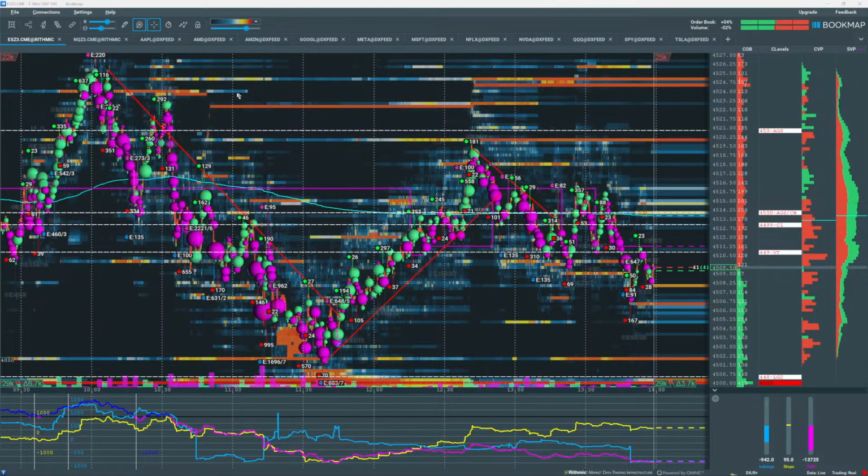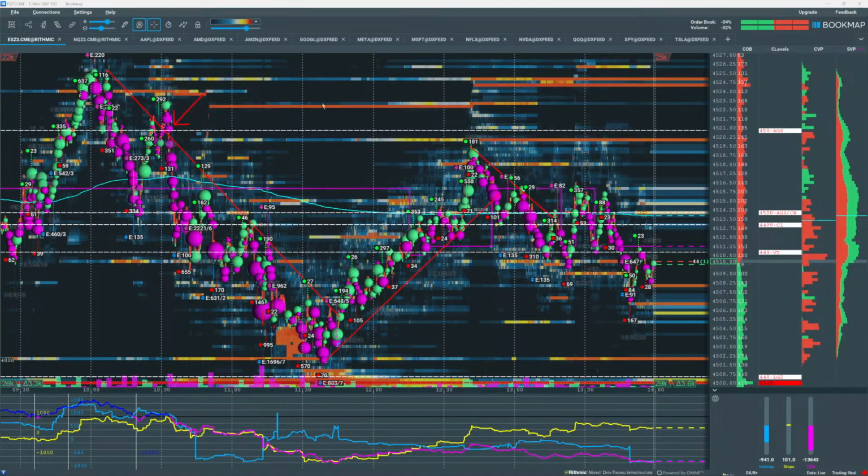All right, so ES, here is that 10:30 entry point, and you can see the shift in order flow. And this is at that SPY 450 absolute gamma strike.